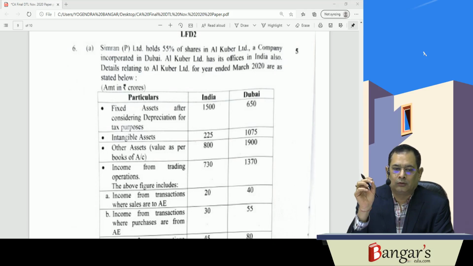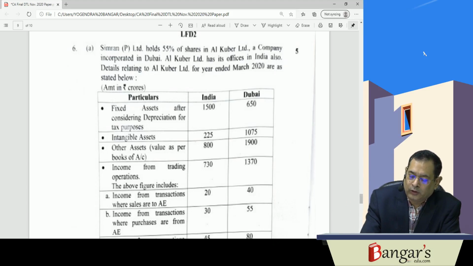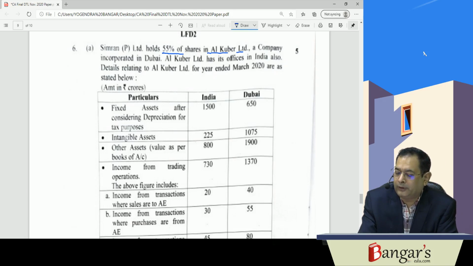So our next question is question number 6A. Simran Private Limited holds 55% shares of Al Kuber Limited, a company incorporated in Dubai. Now, Al Kuber Limited has its office in India also.